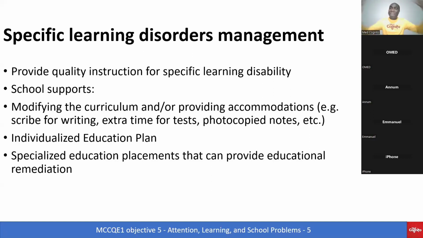An individualized educational plan and specialized educational placement can provide educational remediation. This child will definitely be a little backward compared to the rest of the class, so you want to get as much help as possible for this child.